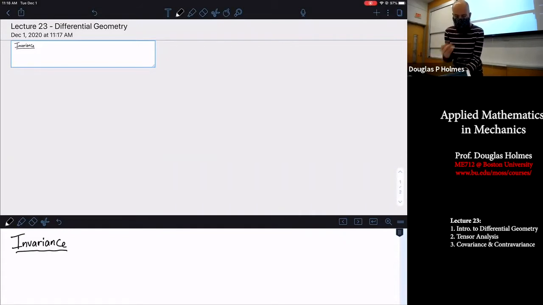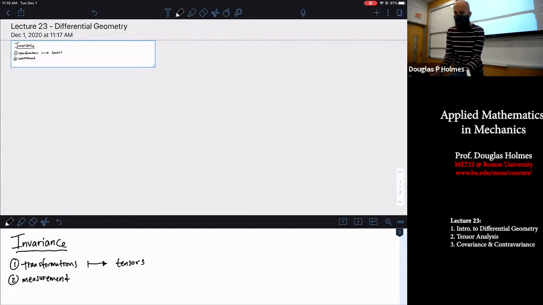So to get at this topic, my overview for these next two lectures is going to be talking about transformations. And to do so, we have to learn a little bit about tensors. Talking about measuring, and talking about curved spaces.